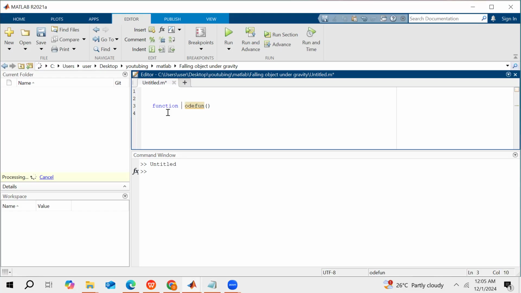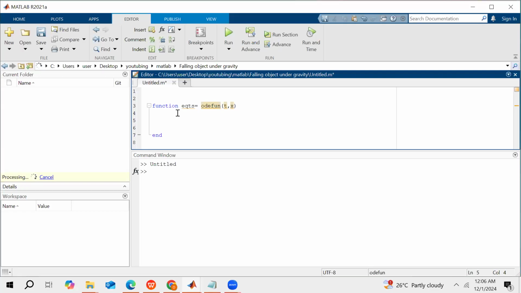In the ODE function, I have to specify my equations. Given that I have t and x as the inputs of this solver, t is time and x is a combination of my variables.